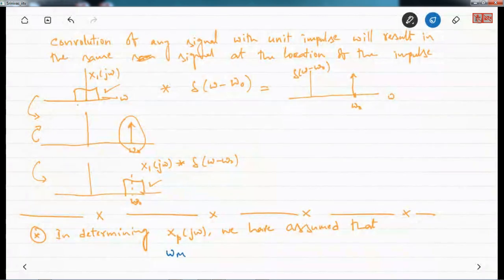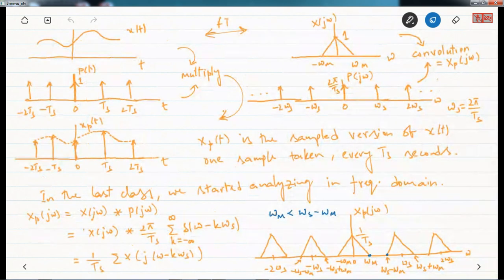omega m is greater than omega s minus omega m, which implies that, sorry, this should be the other way. This should be omega m is less than... is that what we did here? Yes.